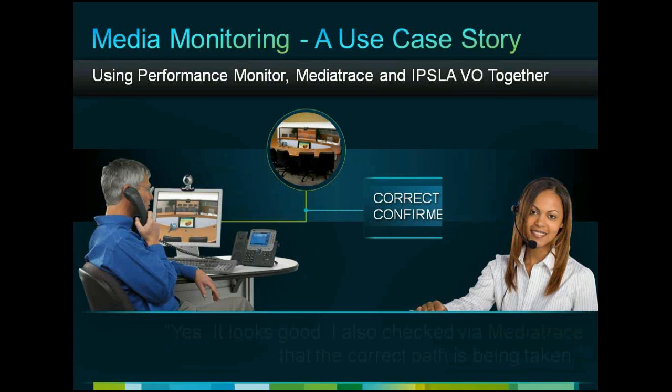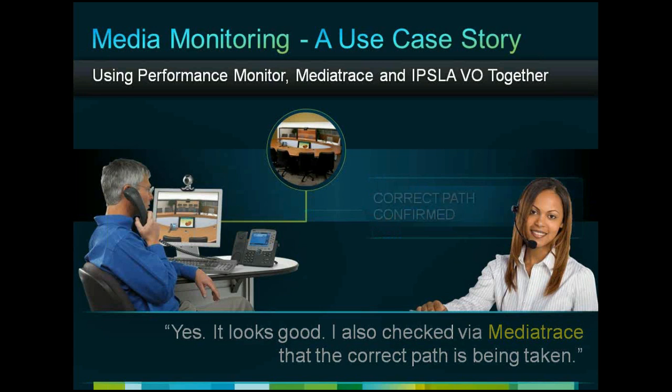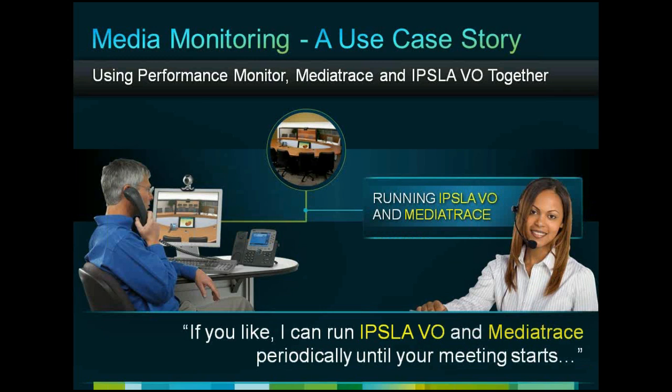The operator also used MediaTrace, so she says, I know that it's following the right path and we have the right metrics. And this is because this IT person is so nice. She says, I can run this right before, or periodically until the meeting starts, just to make sure there's not going to be a problem. So this gives confidence to both parties.